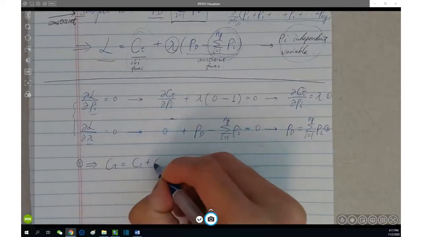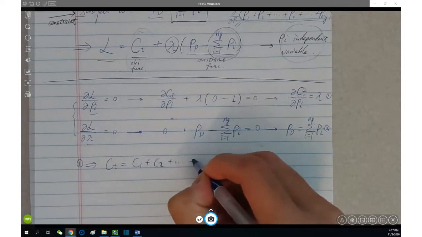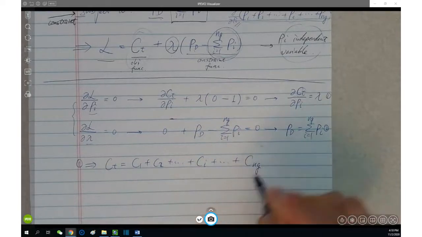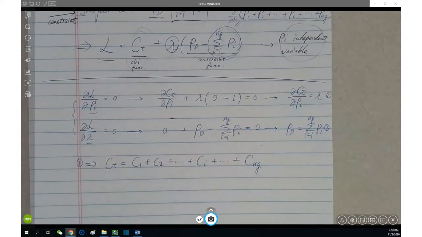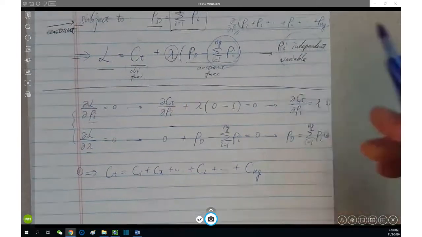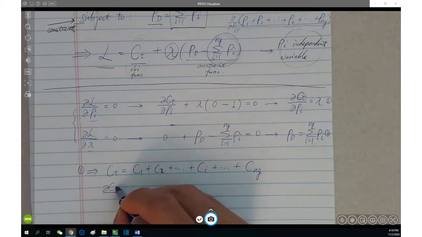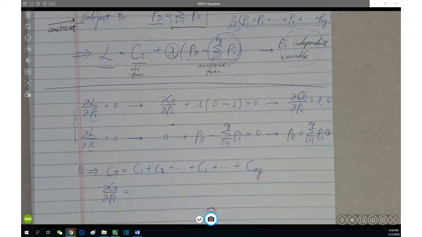C1 plus C2 plus Ci, and then plus up to C sub ng, right? Exactly what we did here. And therefore, if you're looking for the partial derivative of this guy with respect to pi, it equals to what? Same question, basically, right? So this time, can anyone answer? Same question as this one, right?